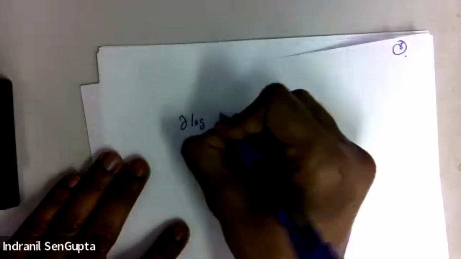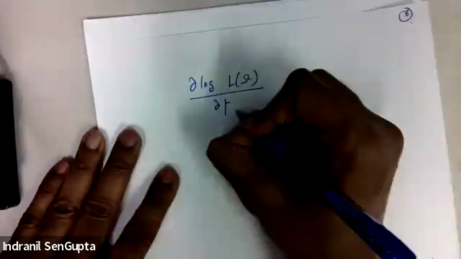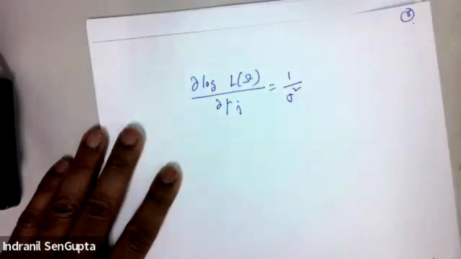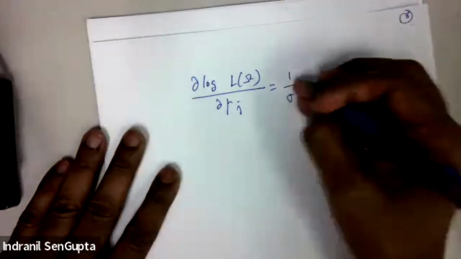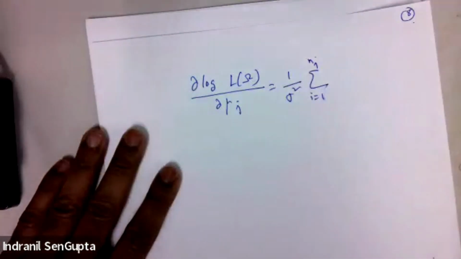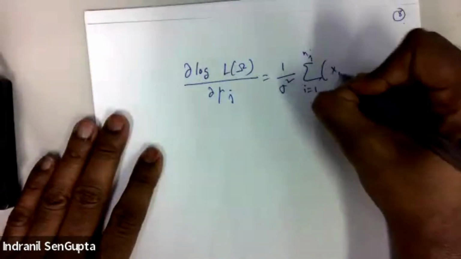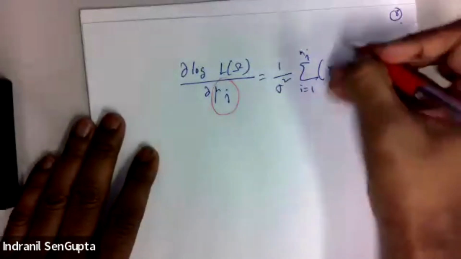So we have to compute the partial of log of L omega over partial of mu sub j, and you can check it's going to be 1 over sigma squared, times the sum over i from 1 to n sub j of x_ij minus mu j.